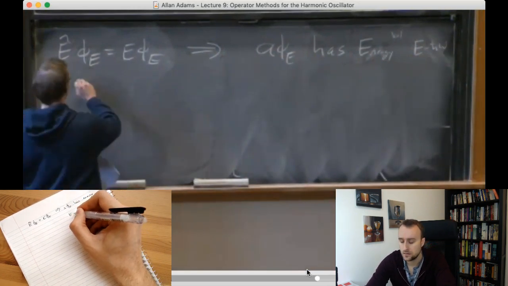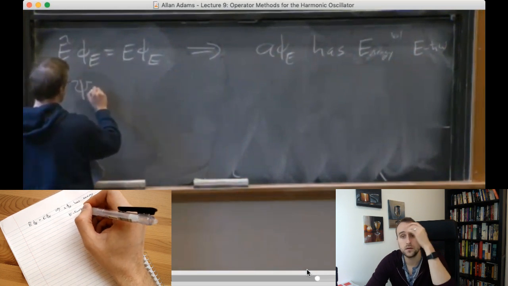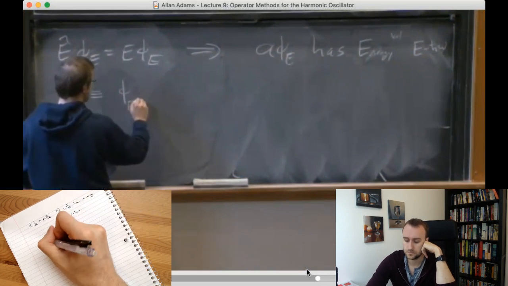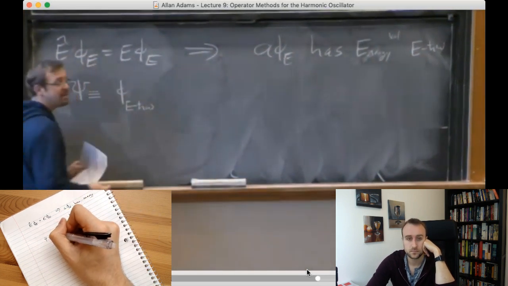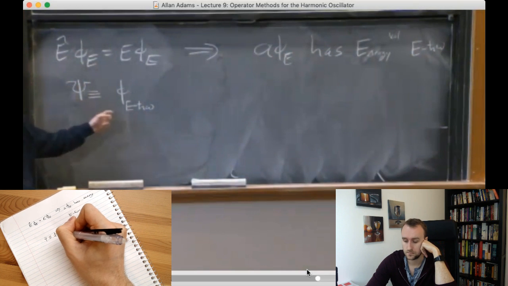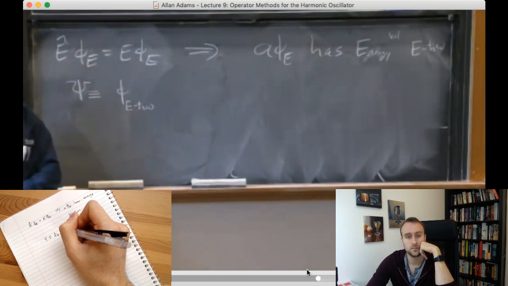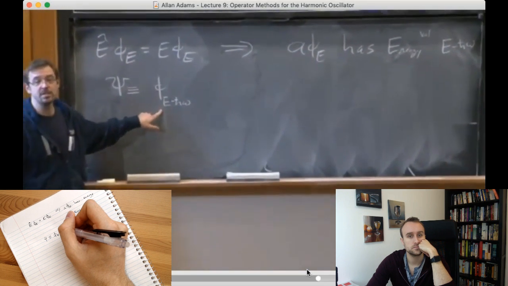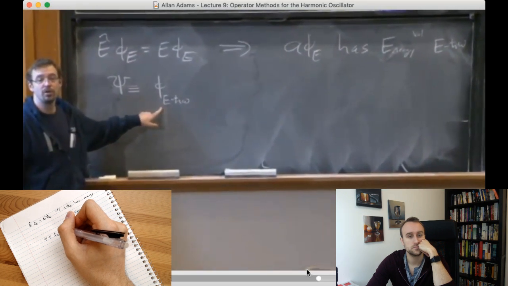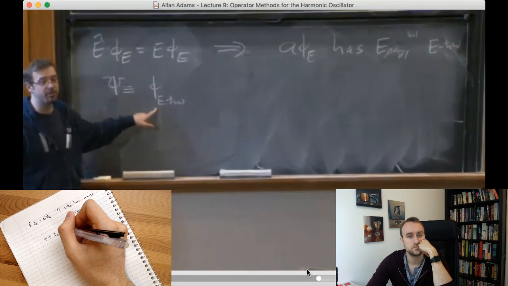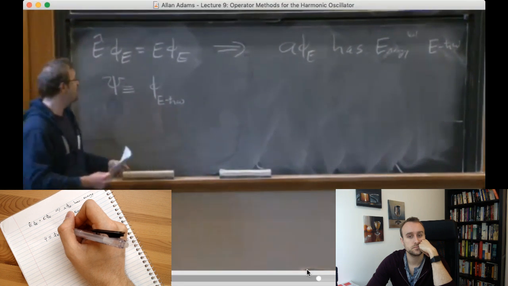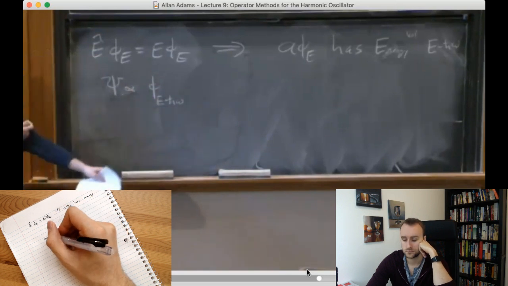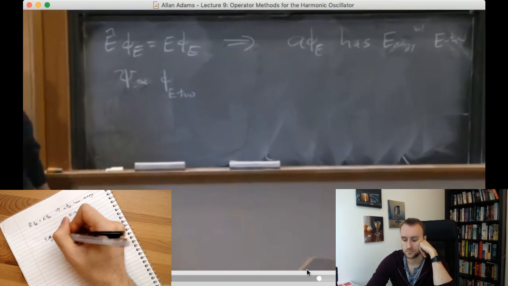So I could just call this phi sub E minus h bar omega. It's an eigenfunction of the energy operator with eigenvalue E minus h bar omega. Agreed? Do I know that this is properly normalized? No, because 12 times it would also be a perfectly good eigenfunction of the energy operator. So this is proportional to the properly normalized one with some, at the moment, unknown constant normalization.